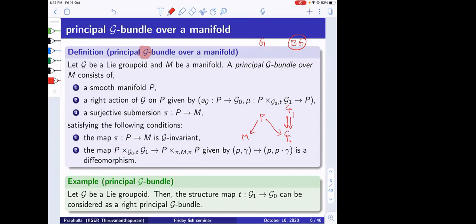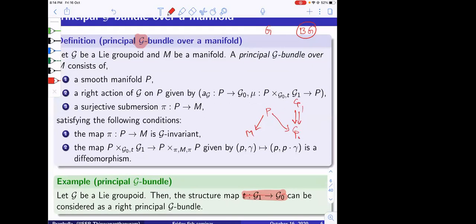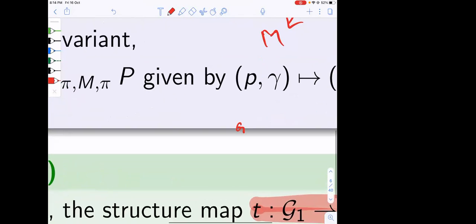And an example of a principal G bundle is given by the target map of the Lie groupoid. For every Lie groupoid, you can consider the target map as a principal G bundle. So this should not be surprising. If you take a Lie group G, this map can be treated as a principal G bundle, a trivial principal G bundle.